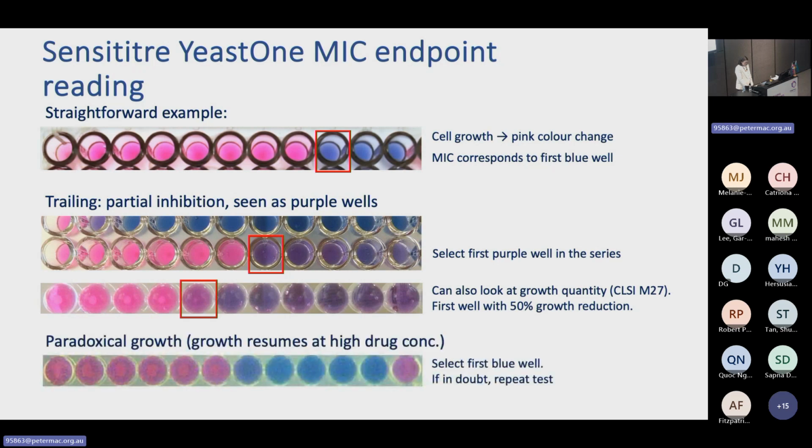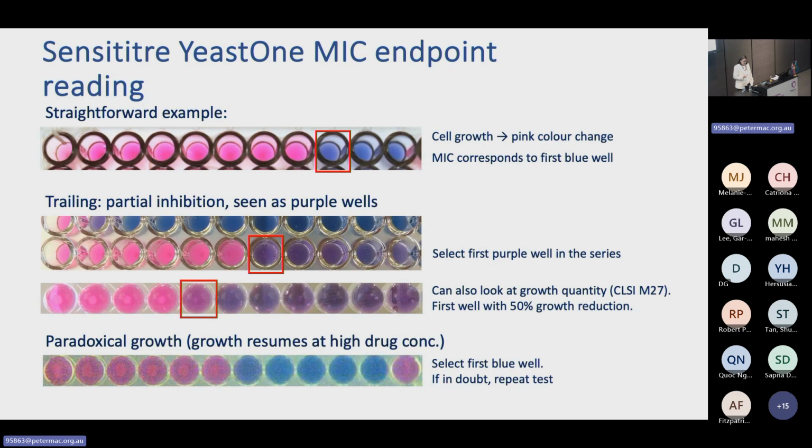Another artifact that we might see is called paradoxical growth, where we see growth resuming at very high drug concentrations. I don't really know why it occurs, to be honest, but some possibilities are that the drug precipitates out of solution, and so there's less drug available to actually act on the fungus and inhibit its growth.